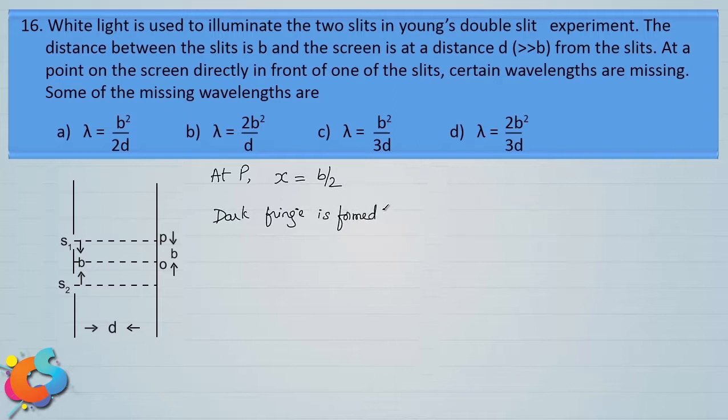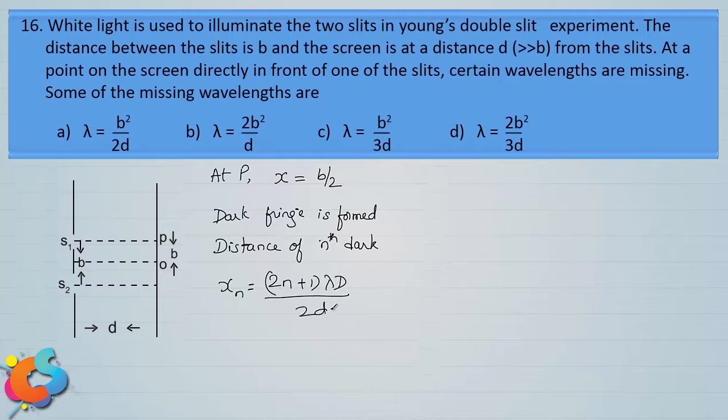And what do you know about that dark fringe? You know the distance of the fringe. So let me make use of the distance of dark fringe. We have an expression for distance of nth dark fringe from the center, given by xn is equal to (2n plus 1) lambda D divided by 2d.